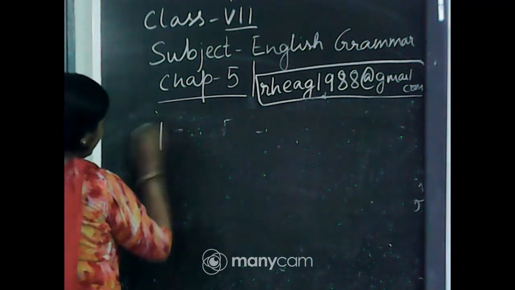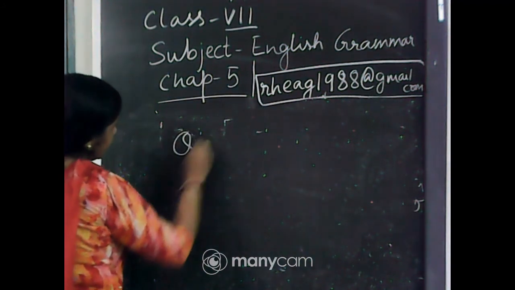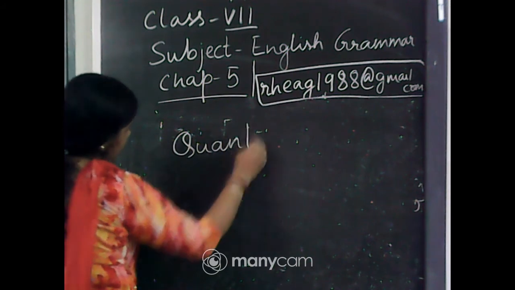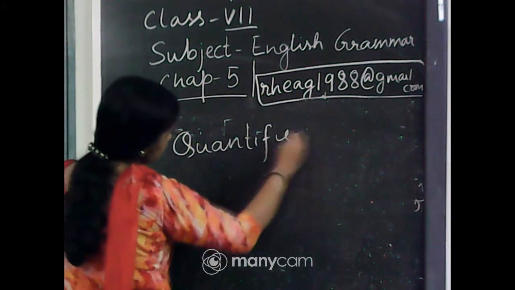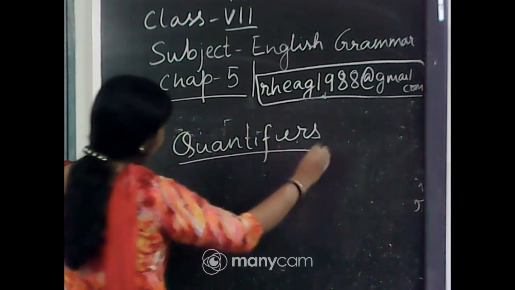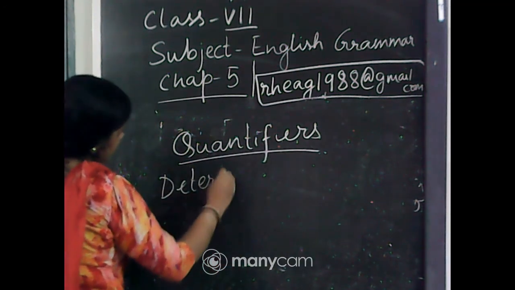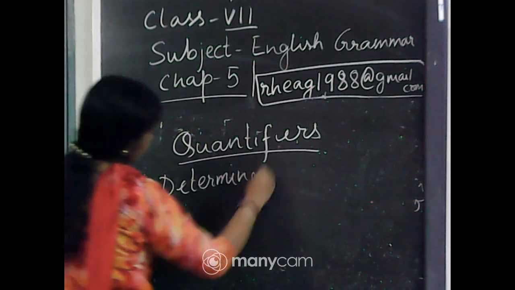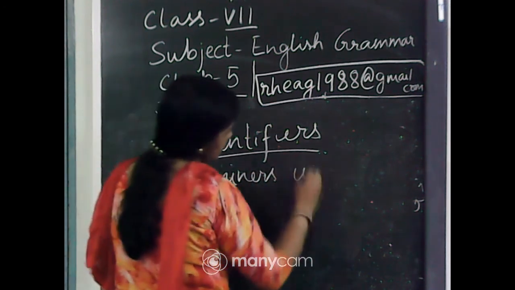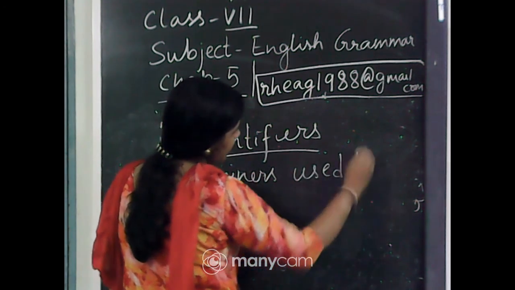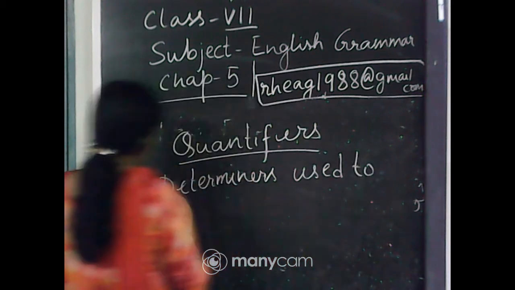So before we begin, let us talk about quantifiers. Quantifiers are those determiners which are used to specify the quantity or number of nouns or pronouns.